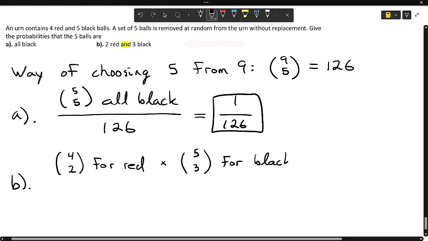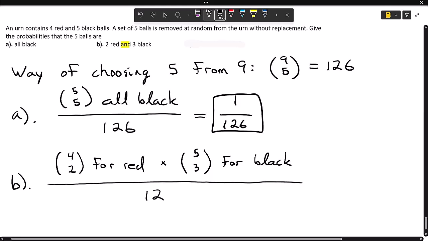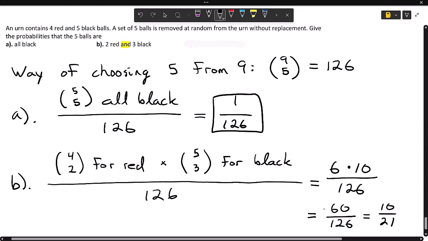That gives us the total number of ways this could happen over the total possible number of outcomes, 126. 4 choose 2 is equal to 6, times 5 choose 3, which is equal to 10, over 126. So there's a 60 out of 126 chance of this occurring. That would simplify down to 10 over 21. That's the reduced fraction for that probability.